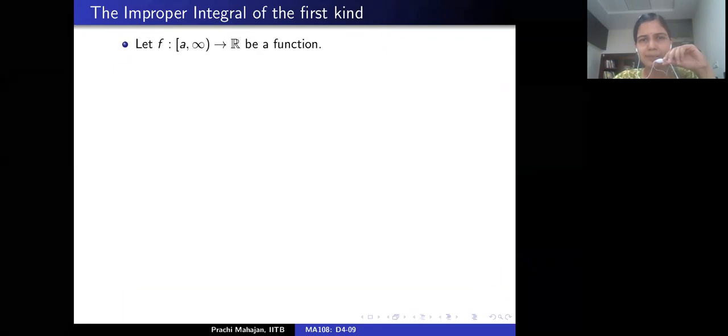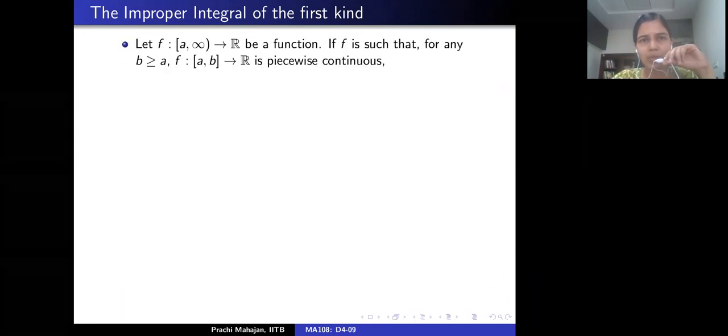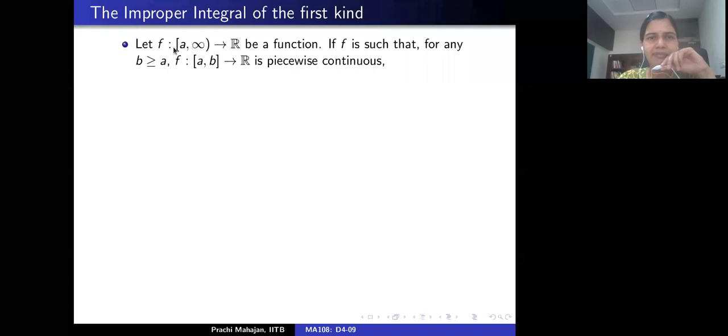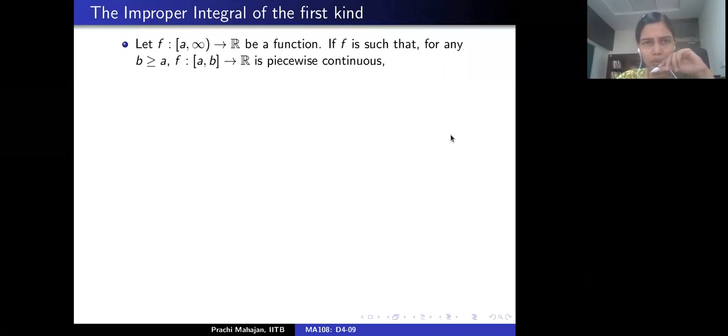So let's see what the advantages of piecewise continuous functions are, and how far we can push through the nice properties of continuous functions to piecewise continuous functions. Suppose that I have a function defined on the closed-open interval A to infinity.